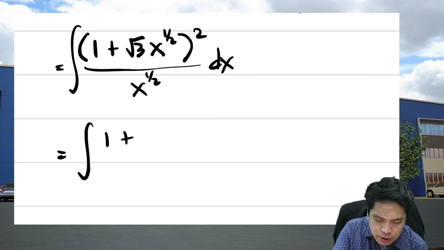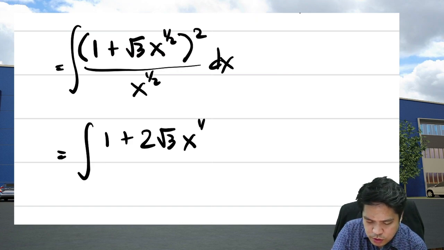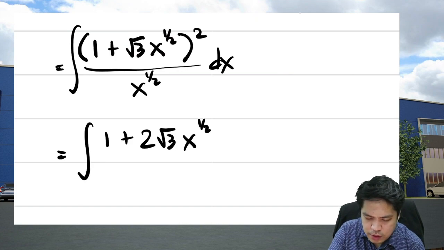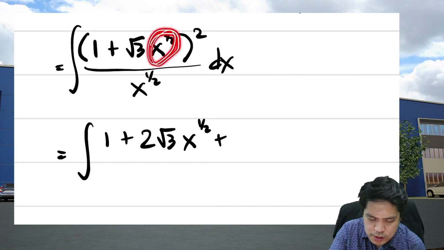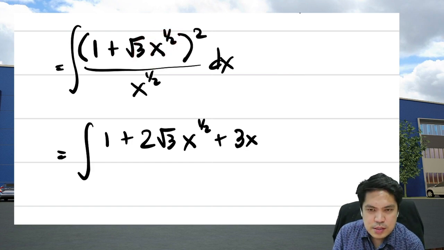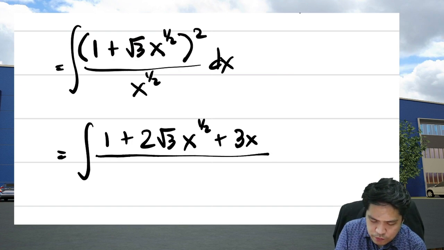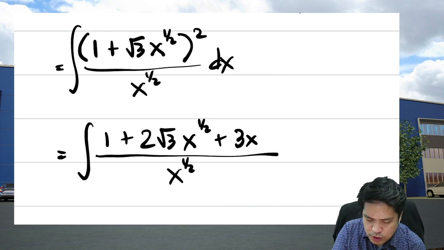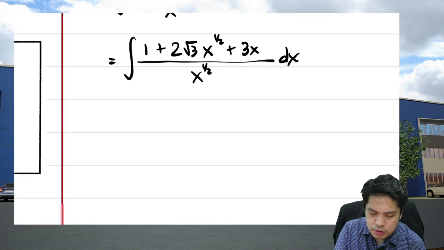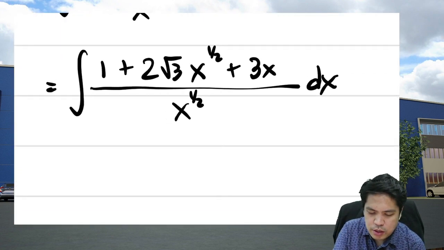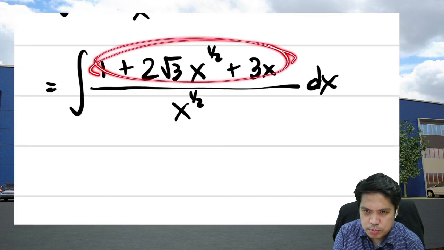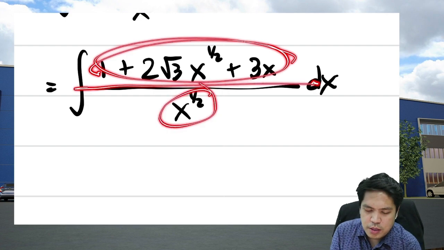Ayan. So that would become, eto, you just double this, so that's 2 square root of 3, x raised to 1 half, okay, plus the square of this, that would be 3x, okay, then divided by x raised to 1 half. So eto, it's clear that all these terms should be divided by this, di ba?